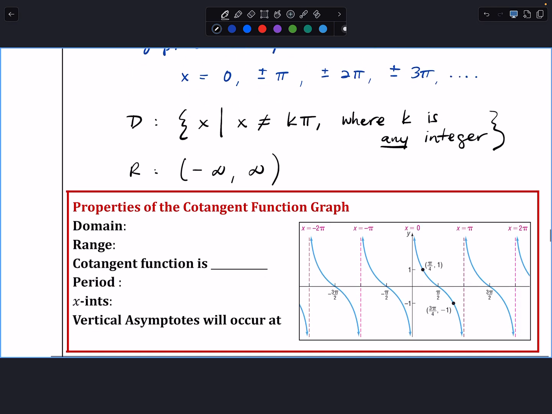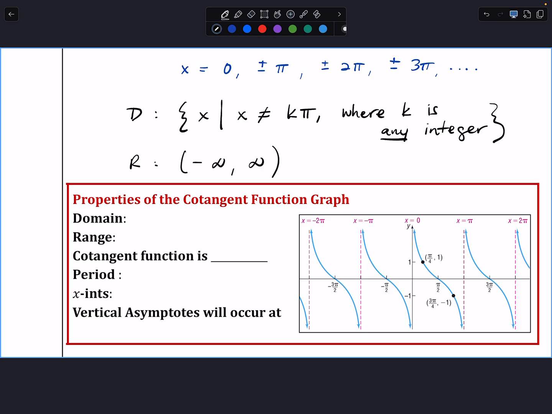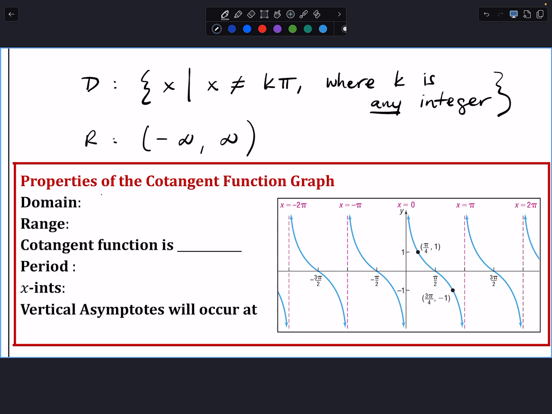All right, so let's just put this information in the box. Cotangent is odd.